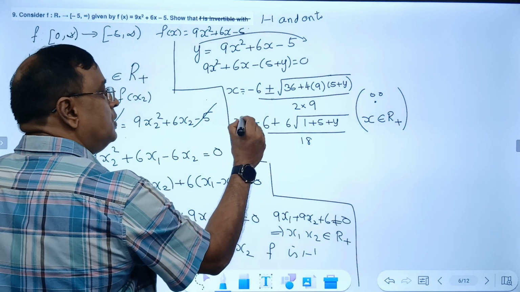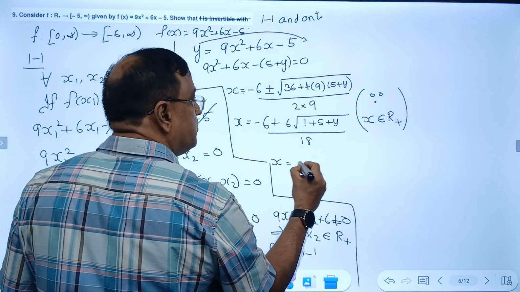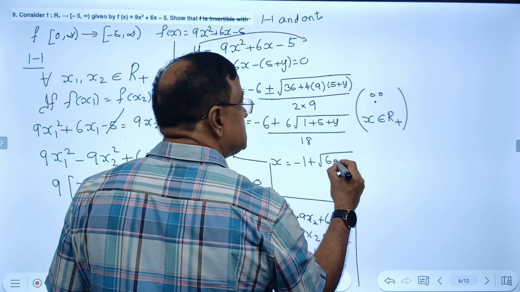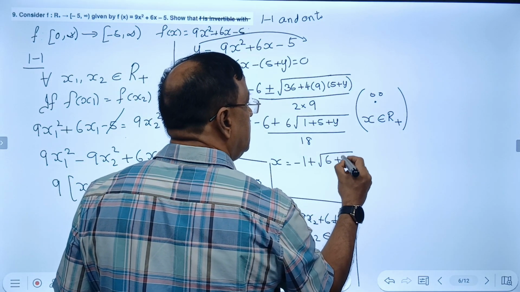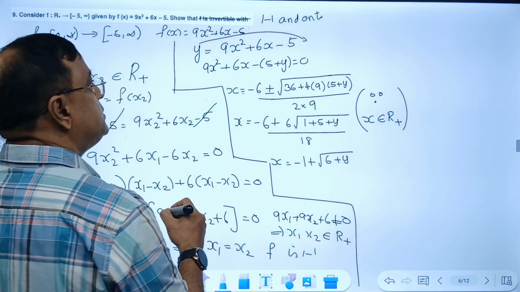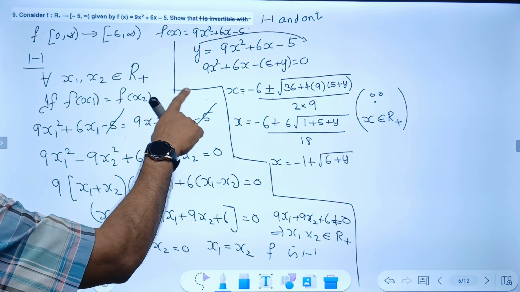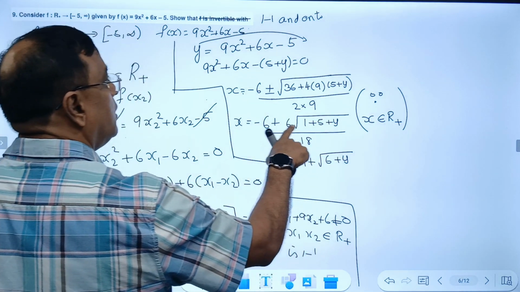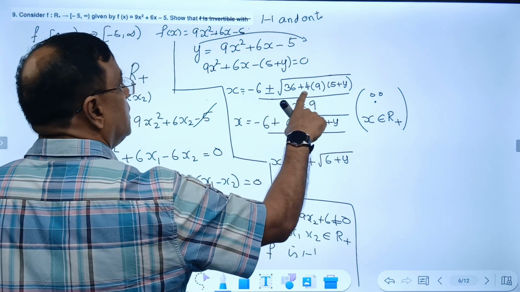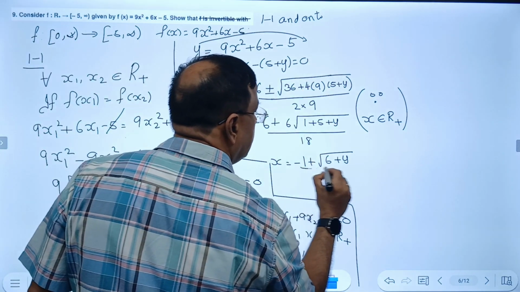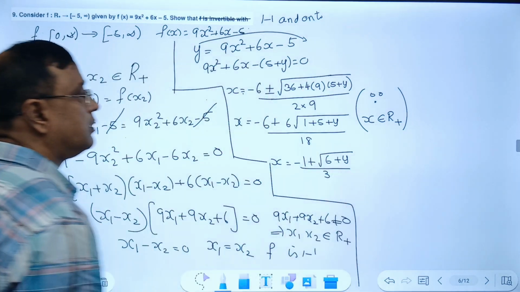Okay. So now what do you do? This is minus 1 plus root of 6 plus y, my b square minus 4ac, minus 5 minus y. Is my calculation right? Minus 4ac divided by 3.